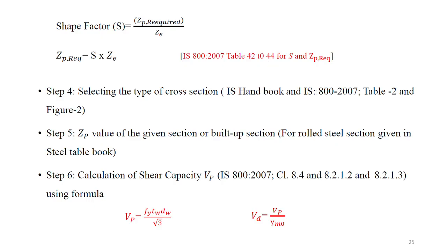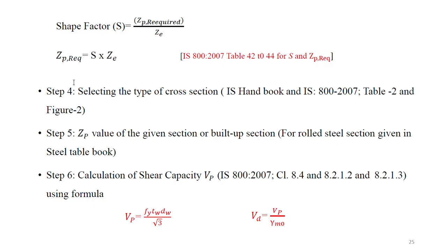In those tables they have given the S value as well as ZP required. Depending on the ZP required values, we select the section based on ZP. The selected section should have a ZP value more than required, then only the section will be in a safer condition.